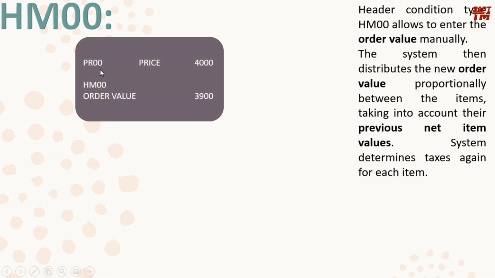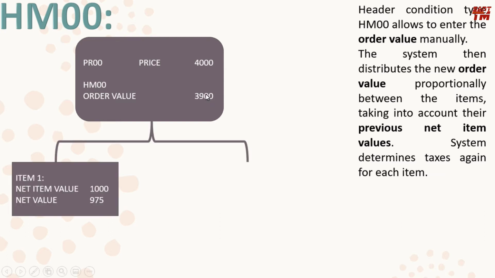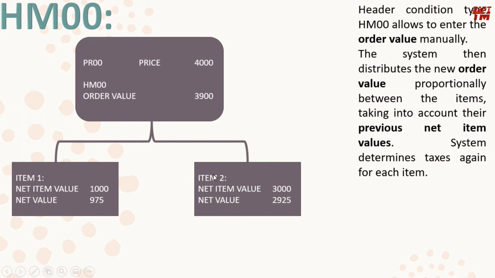Suppose PR00 is the condition type with the description price, and the order value is defined as 4000. The SAP employee comes and says to the SAP system that using the condition type HM00, I am defining a new order value of 3900 euros. The previous order value was 4000 euros. Suppose this order has two items, item number 1 and item number 2.